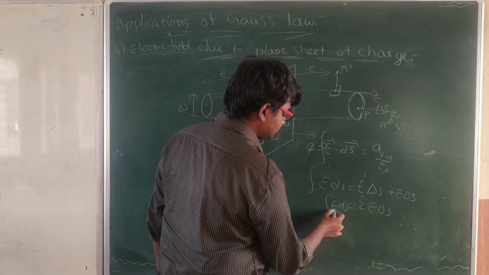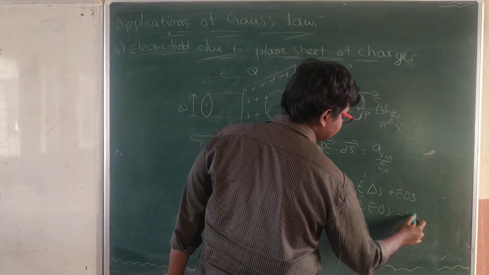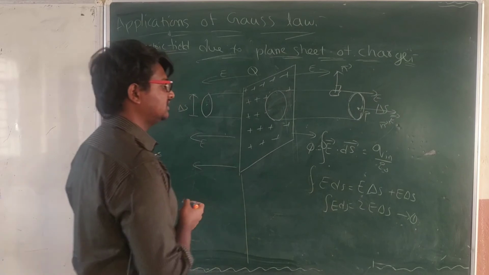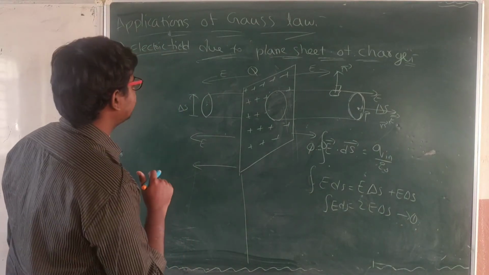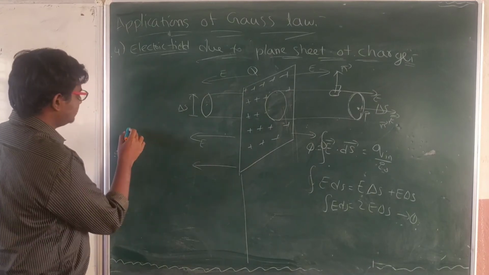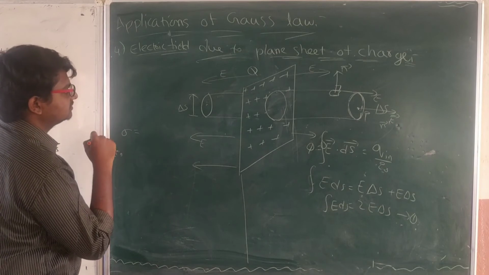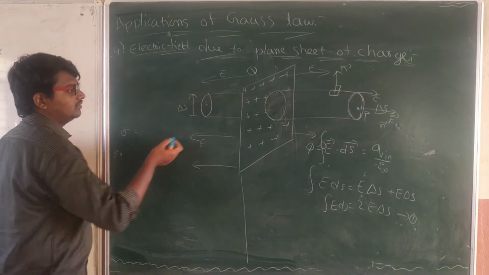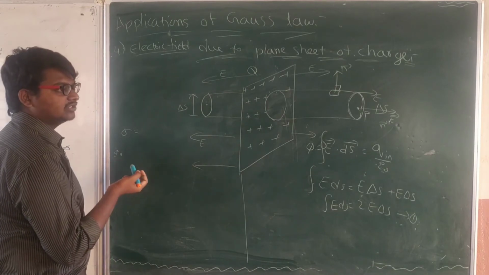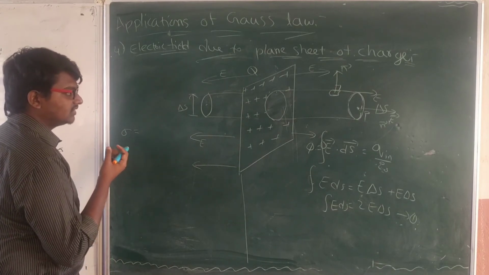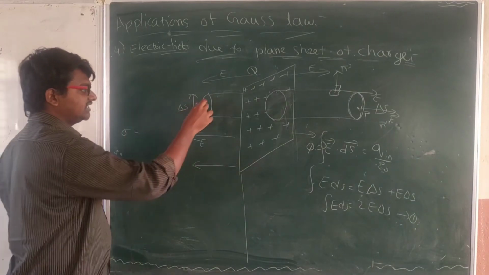And now integral E ds equals 2E delta s is the first equation we will consider, and q inside by epsilon naught. Okay, about that we need to do something. See here, let's consider sigma as the surface charge density, and we don't know what the total area of the sheet is. As we don't know the total area of the sheet, here we will consider only the Gaussian surface area.